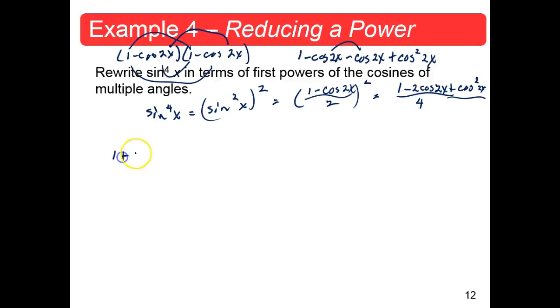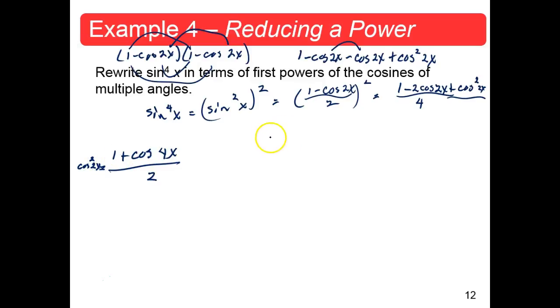It's 1 plus cosine 2 times 2x, which would be 4x, over 2. Okay, that's what the cosine squared 2x is.